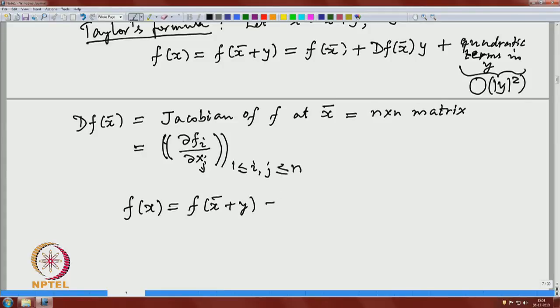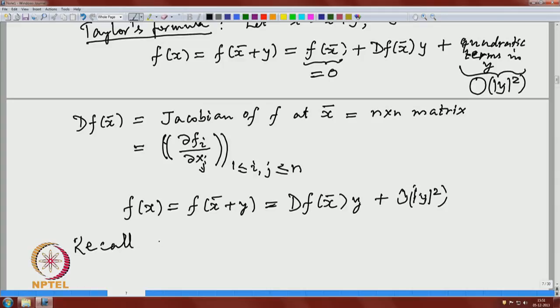Since x bar is an equilibrium point, f of x bar will be 0, plus the Jacobian term. Now recall x dot is equal to f of x.